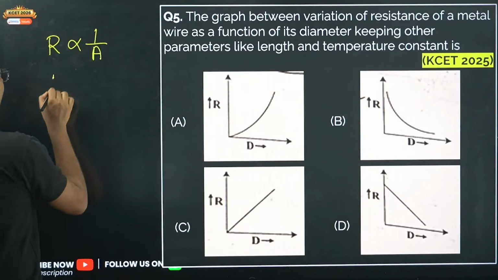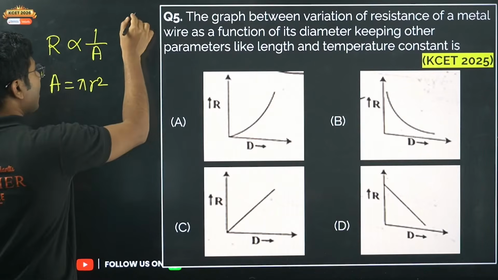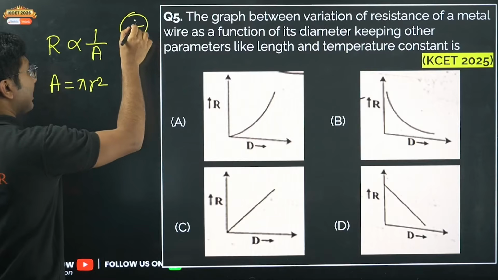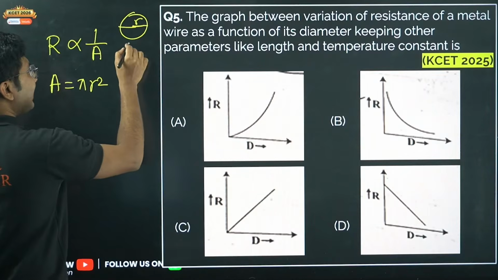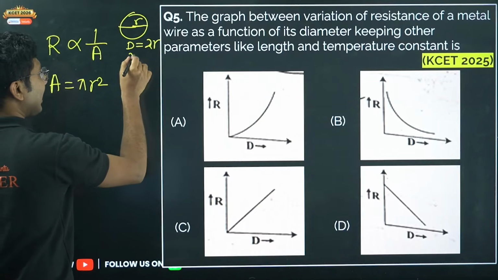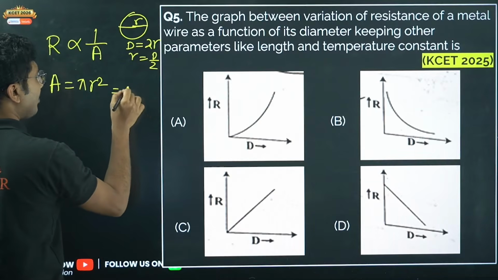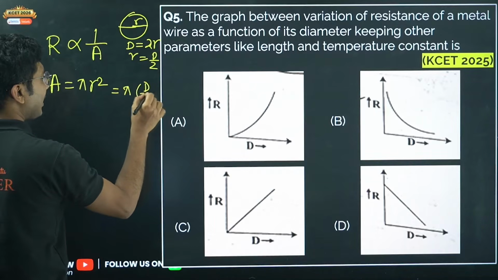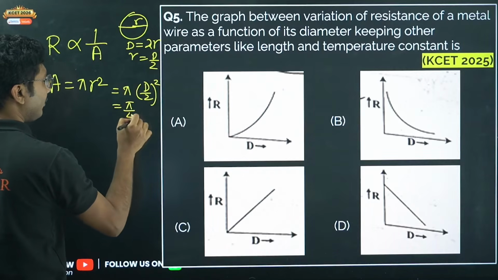Area can be written as pi r square for a cross section of radius r. Now if radius is r, what is diameter? Diameter is 2r, or r is d by 2. So if you put it over here, you get pi times d by 2 whole square, or pi by 4 d square.